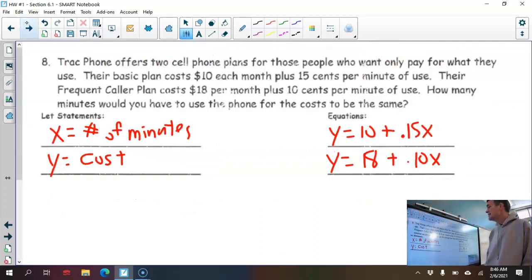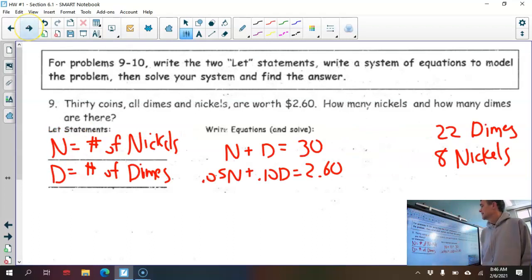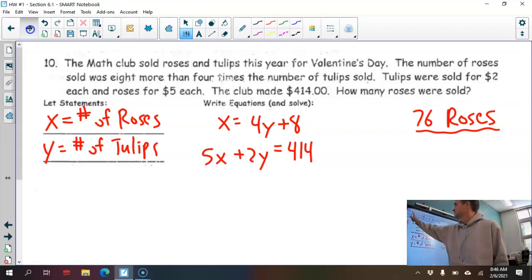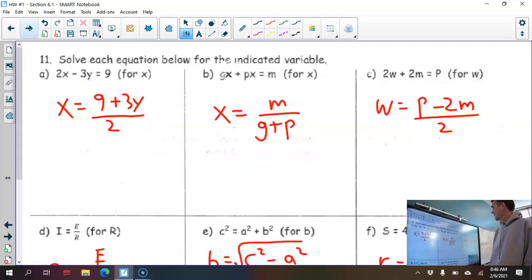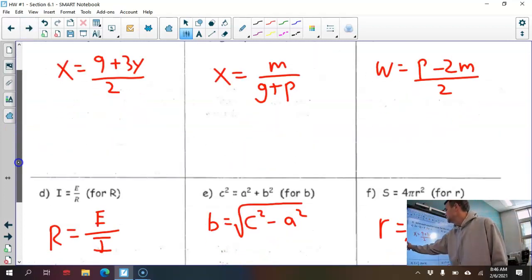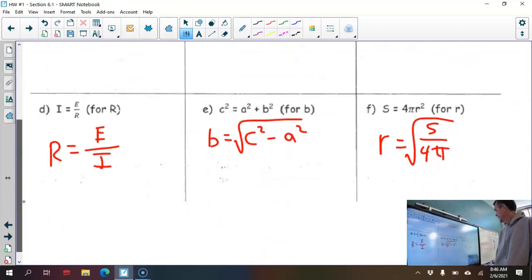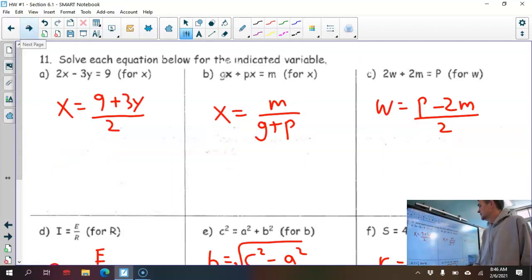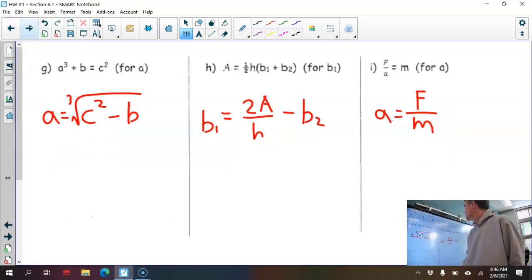And there's number 8. And number 9. And number 10, and there's 11, A, B, C, and D, E, F, and G, H, I.